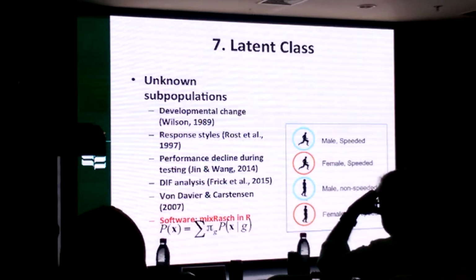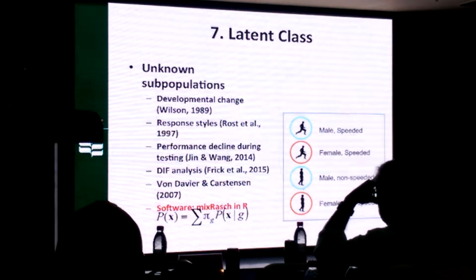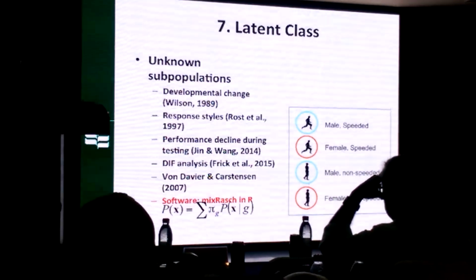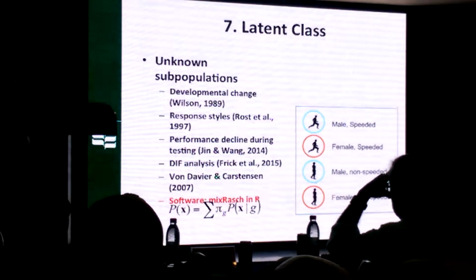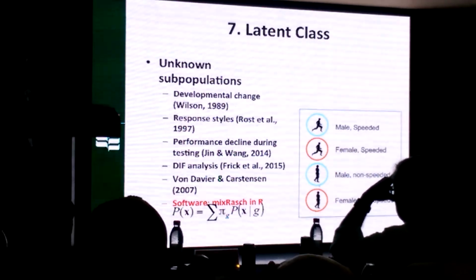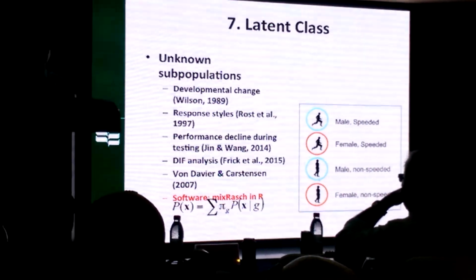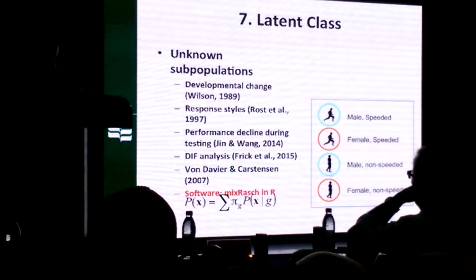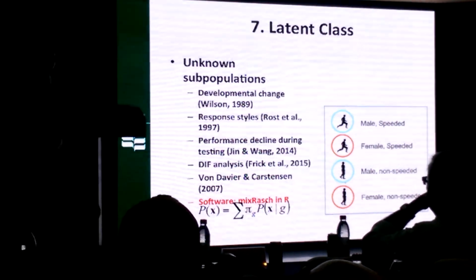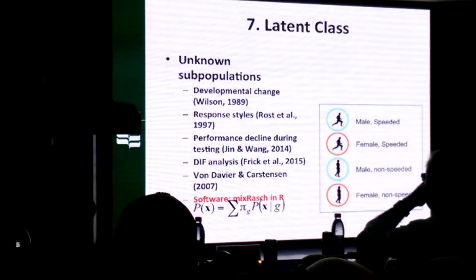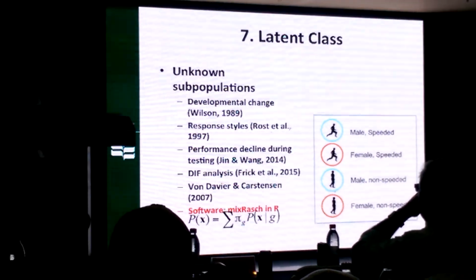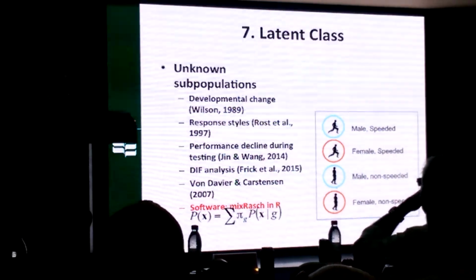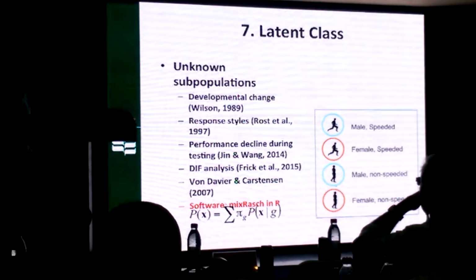For example, Wilson 1989, developmental change in Piaget's framework, where we have different stages. When children move to a different stage, they use different strategies to solve the item. But this stage is actually unknown to us. Well, the second example is the response style.